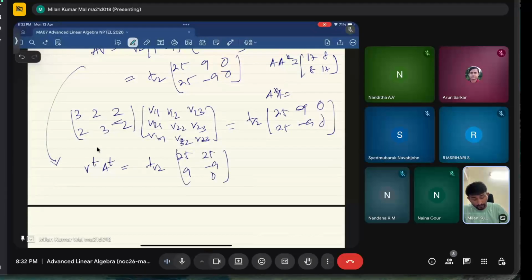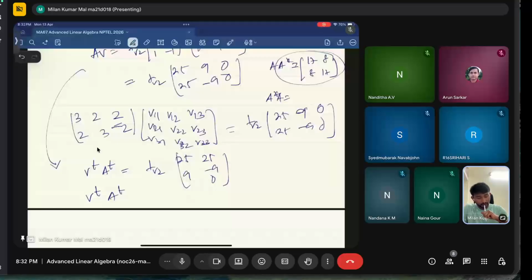So now if I multiply V transpose with A transpose, I have to obtain V transpose, right?